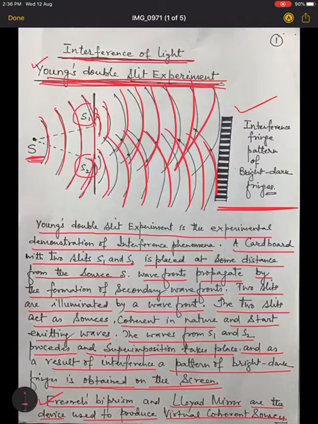But the importance is of this experiment because coherent sources can be made from a single source, and that was explained by Young's double slit experiment. So we have got this pattern experimentally in the lab by using Young's double slit experiment.